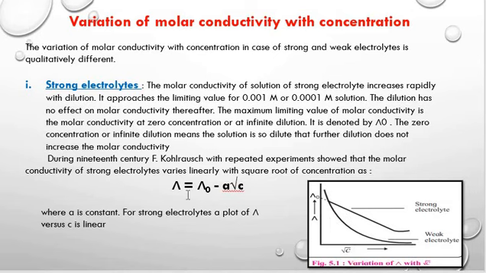He gave one relationship: lambda is equal to lambda naught minus A under root C, where A is a constant. For a strong electrolyte, the graph we obtain is linear, and after extrapolating this linear line, we get the limiting value of molar conductivity.